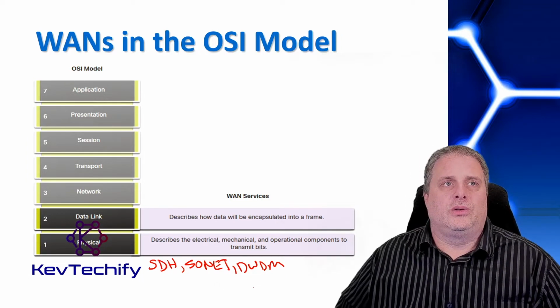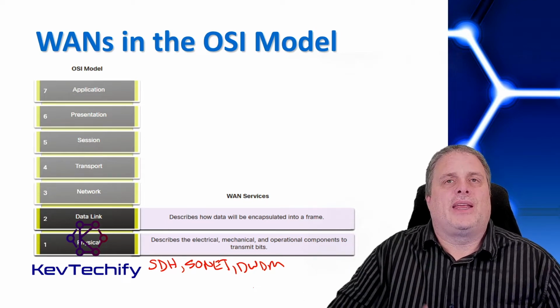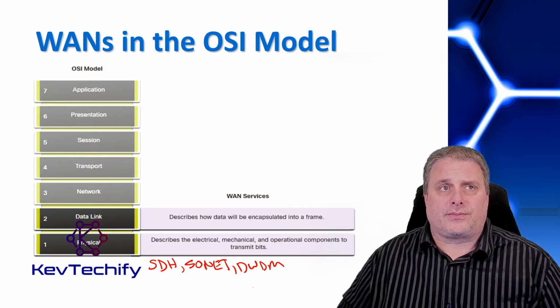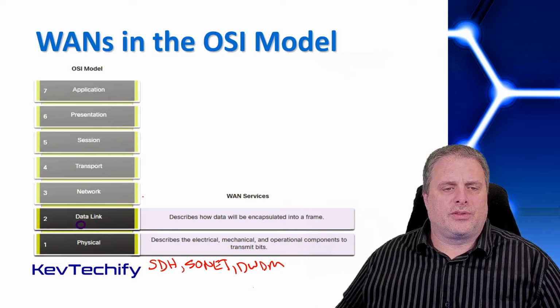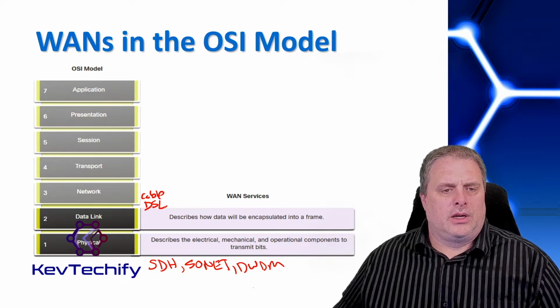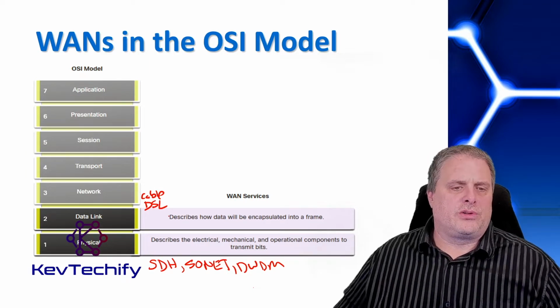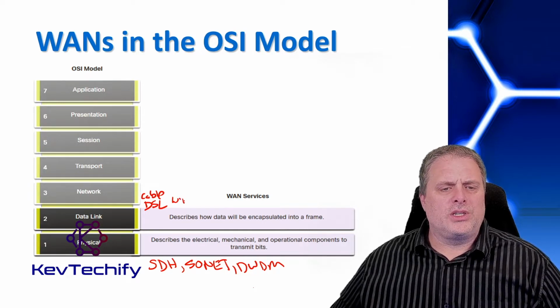At layer 2, this is where we start looking at how this data is going to be encapsulated into a frame. For broadband, this is where we're looking at things like our cable and DSL connections. How are those configured? How are those set up? We also look at wireless technologies, and there are a whole bunch of technologies here.